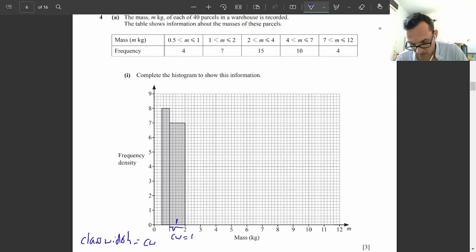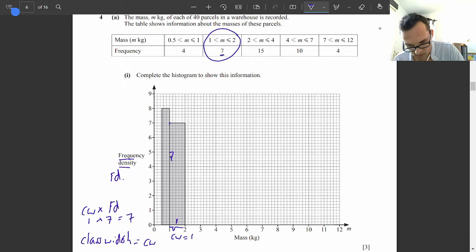And the frequency density, which we're going to write FD, for this second bar is 7. When we multiply the class width times the frequency density, in this case 1 times 7, we get 7.